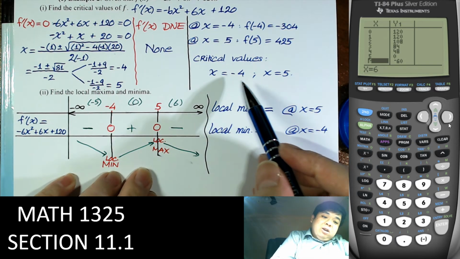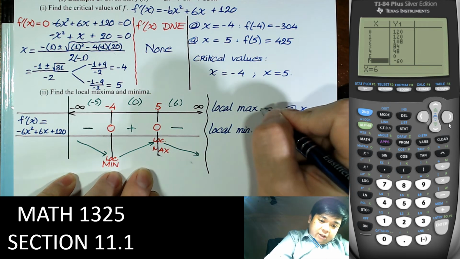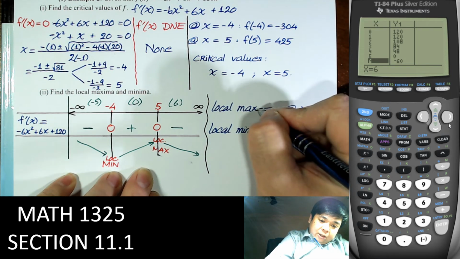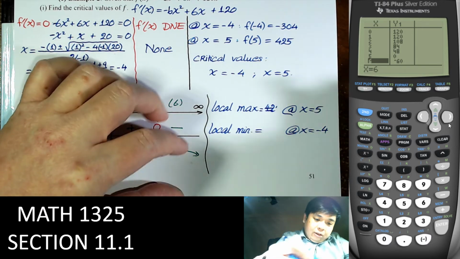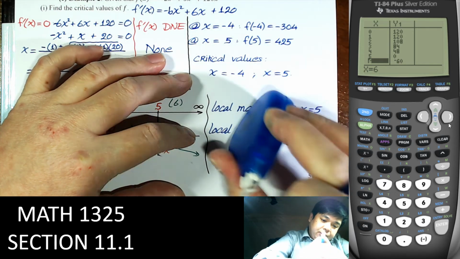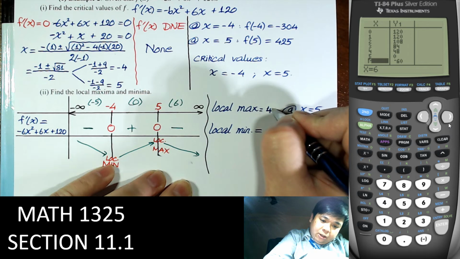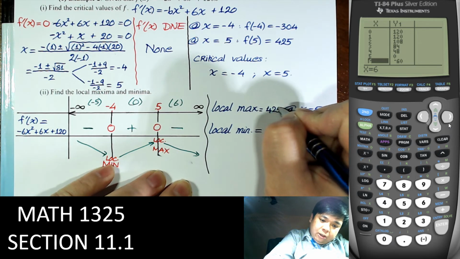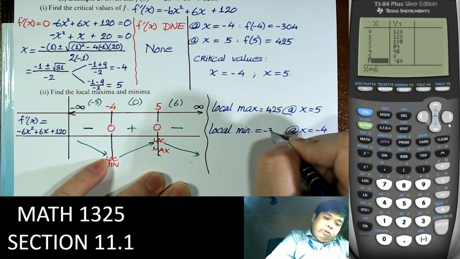And we do have the values. When x equal to 5, the original function is 425. And when x equal to -4, it is -304.